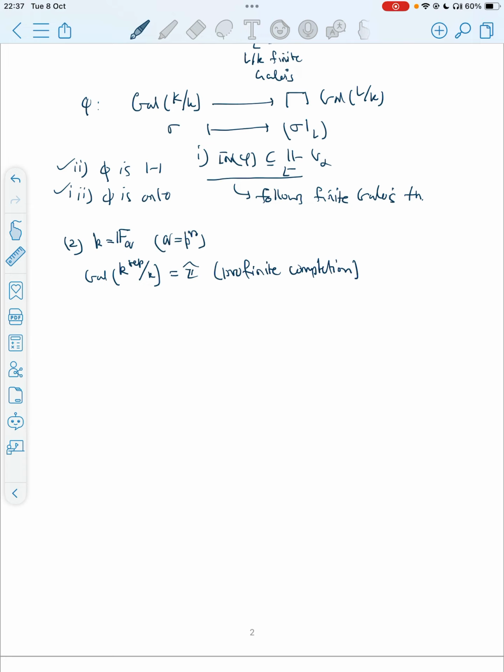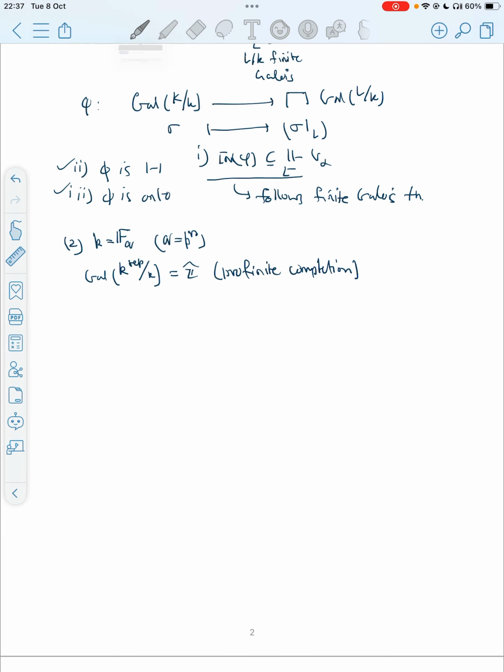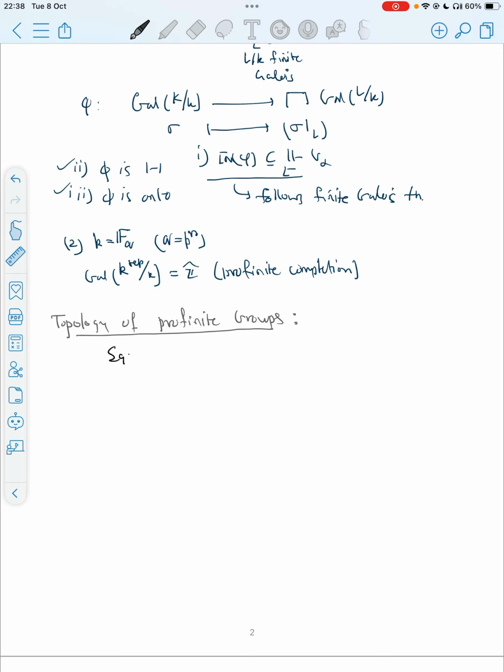And the topology is pretty easy to guess what it can be. So let me write topology of profinite groups. So what you do, you equip each G_L with the discrete topology. So each G_L is finite, so discrete topology.